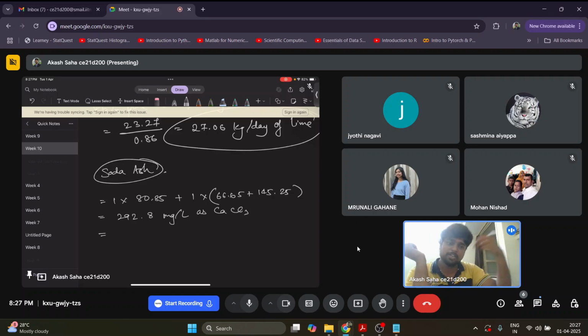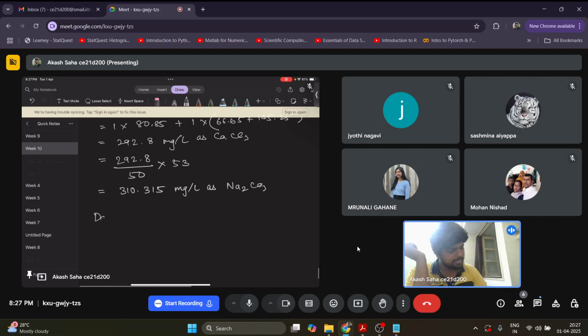But then we will convert it in terms of soda ash. So 292.8 divided by 50 into the soda ash equivalent weight, which is 53. We will get 310.315 milligram per liter as soda ash or Na2CO3.